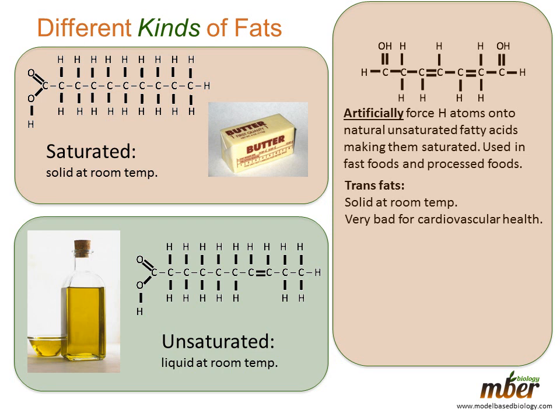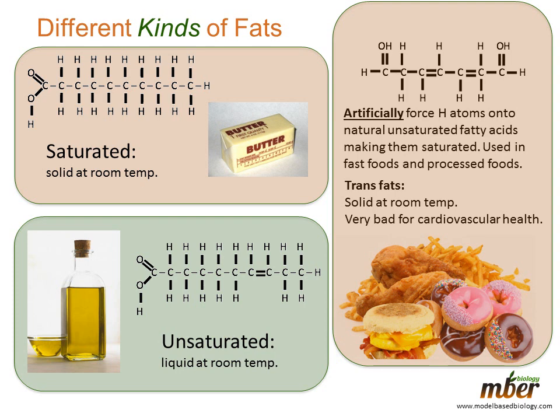And then now we've got our third kind of fat. Any idea? It's the one that is the absolute worst for you. Trans fats, or hydrogenated fats. Okay? These have actually been artificially made by people. It's when we actually force hydrogen atoms onto unsaturated fatty acids. So they don't have the hydrogen, but we force them in there, and that makes them these things we call trans fats.